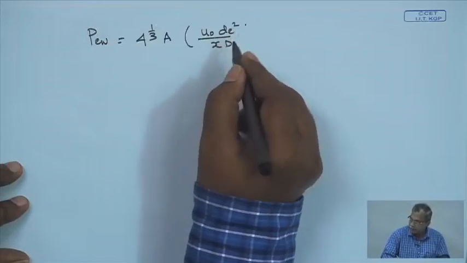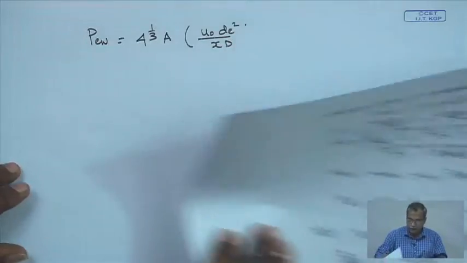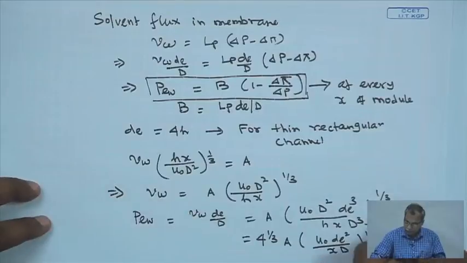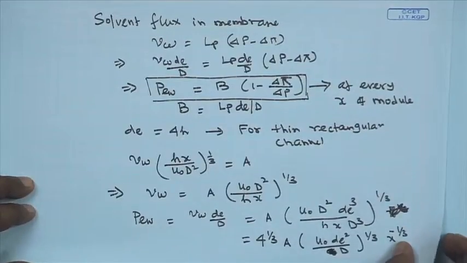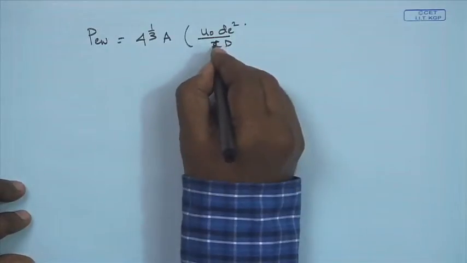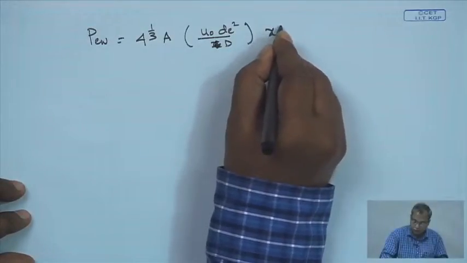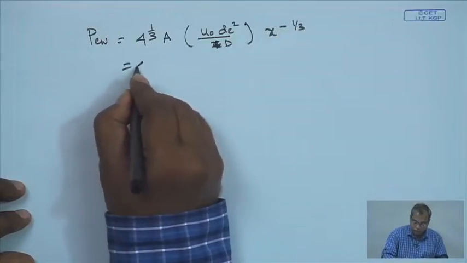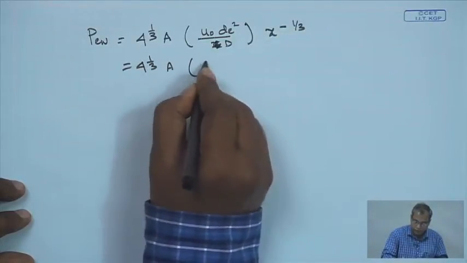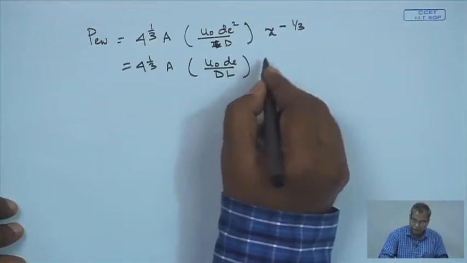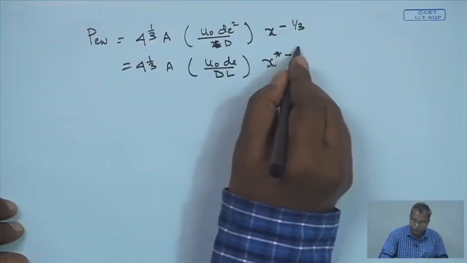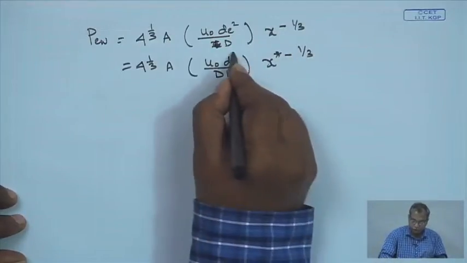In this, x is already included, so we can take x out of this. If we make x non-dimensional, then this x will be outside. So x to the power minus 1 upon 3. So 4 to the power 1 upon 3 A u0 D squared by d times L, where L is the channel length. This becomes x star to the power minus 1 upon 3.